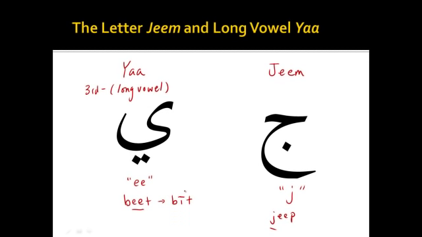Beat. Which, of course, is not how we pronounce beat. But this is just to demonstrate how the Ya is longer than the double E. So we're actually going to write the Ya in transliteration as an I with a line over it. Let's continue.